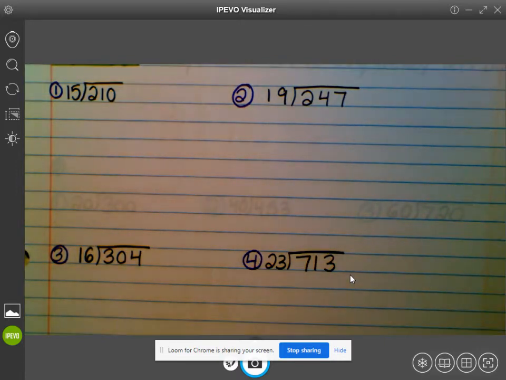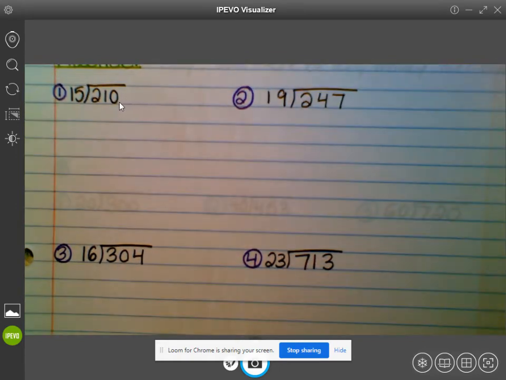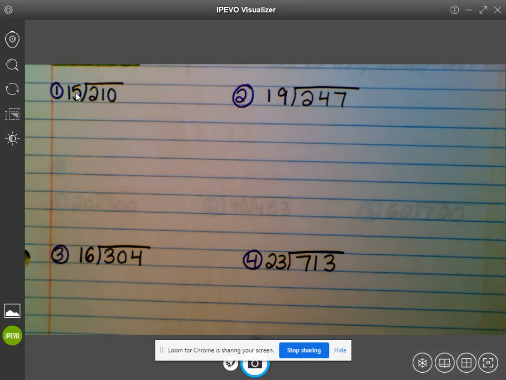Okay, so if you're having a hard time seeing, 5th grade, the first one is 210 divided by 15. Remember, the number we're dividing up goes inside of that division symbol. I can't remember what it's called. I'm sorry. But the number we're dividing up goes on the inside, and the number we're dividing it by goes on the outside. So 210 divided by 15 is number 1.